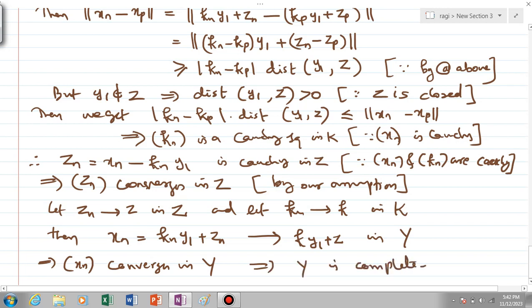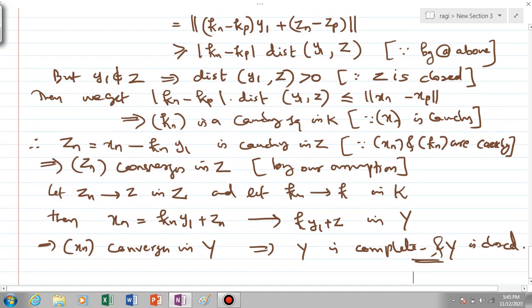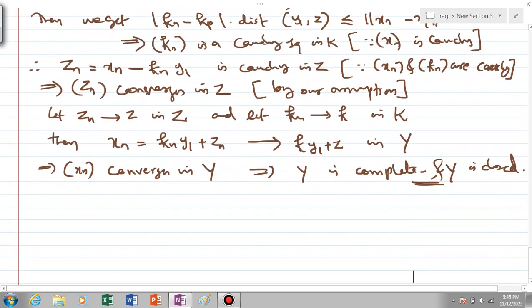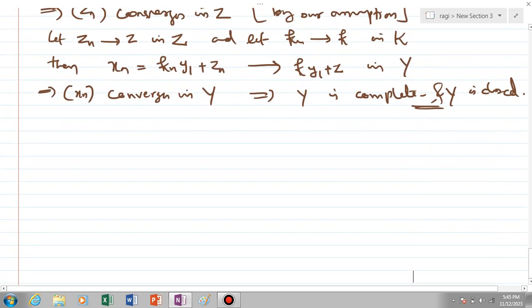In particular, Y is closed also. So we have proved that every finite dimensional subspace of a normed space is complete.